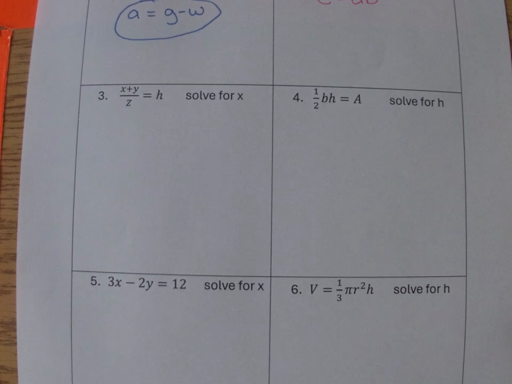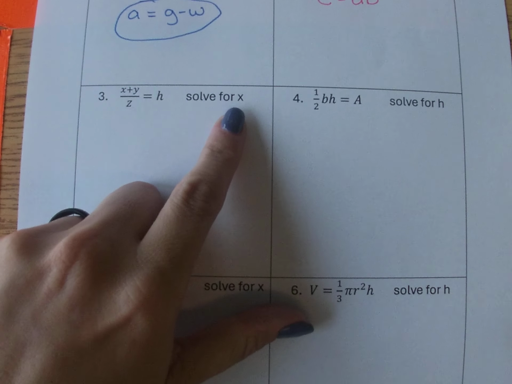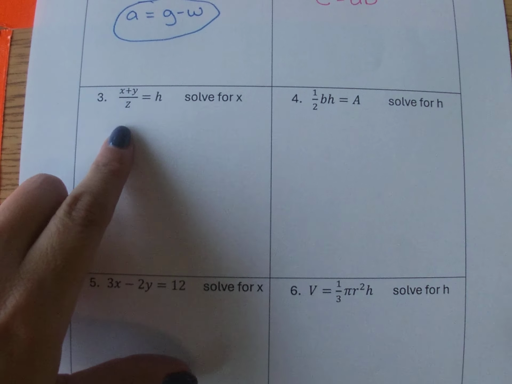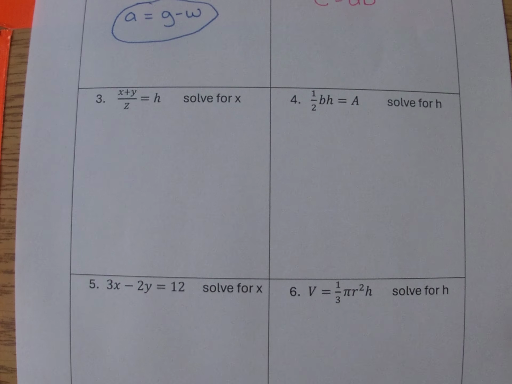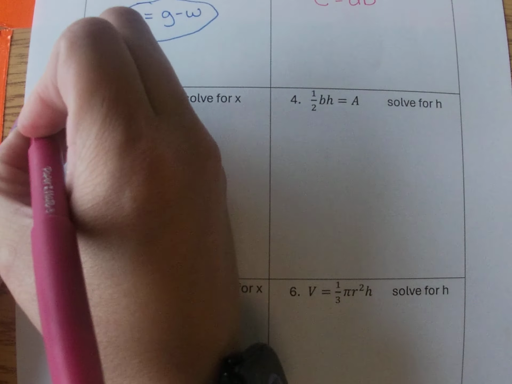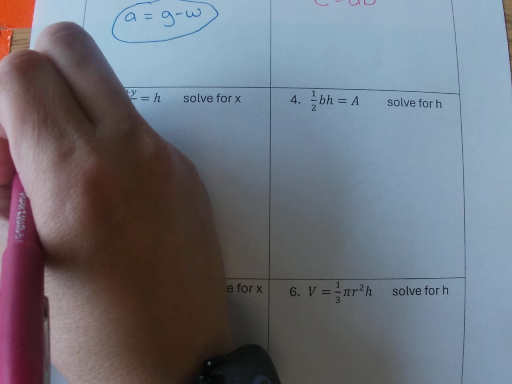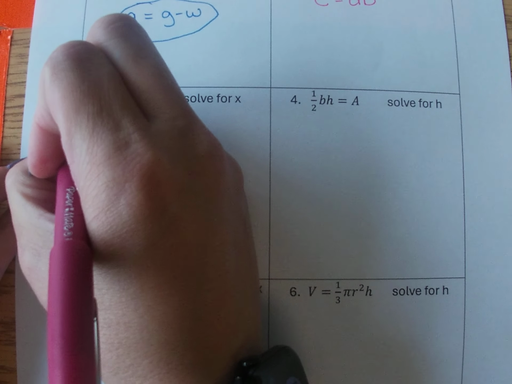Now, we can have multiple operations happening in one problem, and we're still going to use the inverse operation. One of the things I say to my students that often helps them is, if we want to solve this for x, we could imagine replacing all of those different variables with numbers. So instead of x plus y over z equals h, I could say x plus 3 all over 4 equals 5.